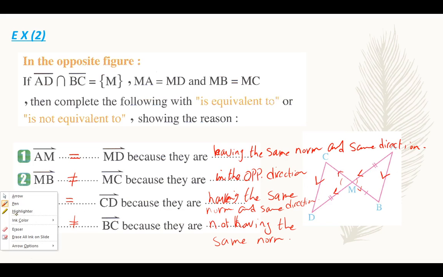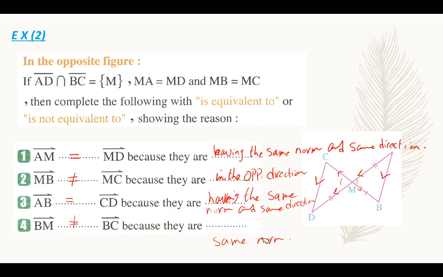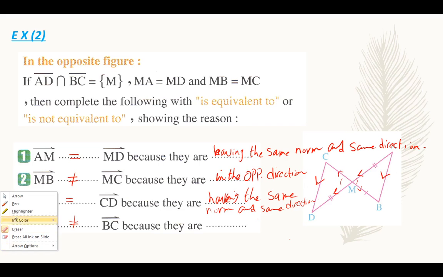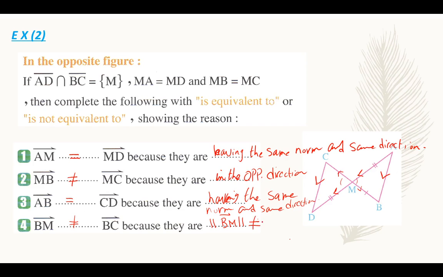We can write it as: because the norm of the directed line segment BM does not equal the norm of the directed line segment BC.